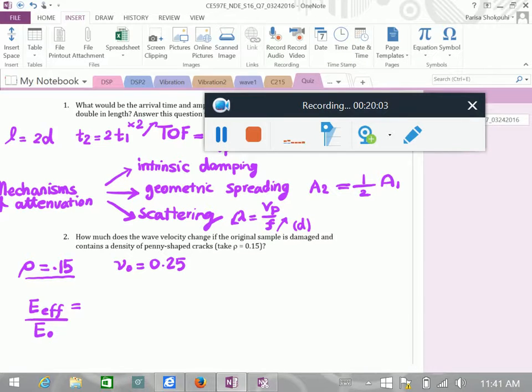So it's a dry crack. That means that delta over 1 plus delta, you can take it to be 1.